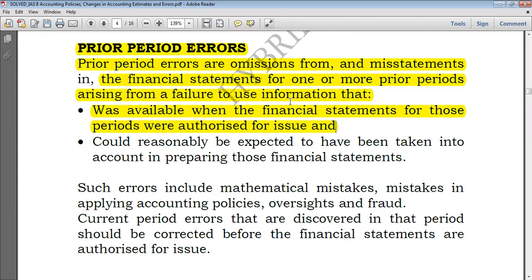In accounting for prior period error, the information was actually available, but we just didn't use it. Or the information could reasonably be expected to have been taken into account in preparing these statements. It was an error. You should have had that information and you should have implemented it, but you didn't. So we call this a prior period error.